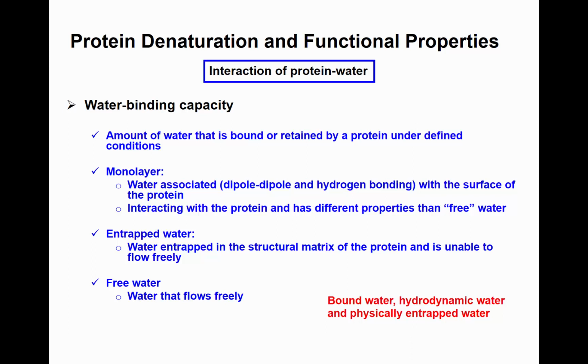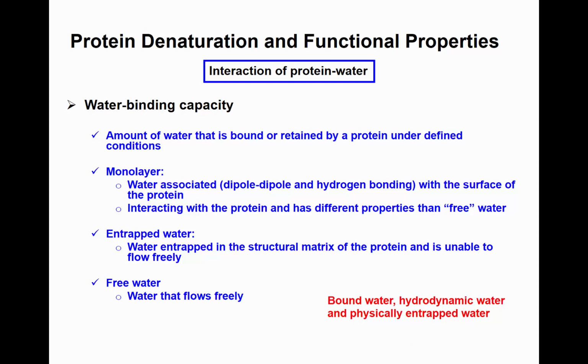The free water is the unbound water that is outside of the structure of the protein and is not bound to the protein. You might hear these terms, so you want to know the difference. Bound water is the water that interacts via dipole-dipole and hydrogen bonding.